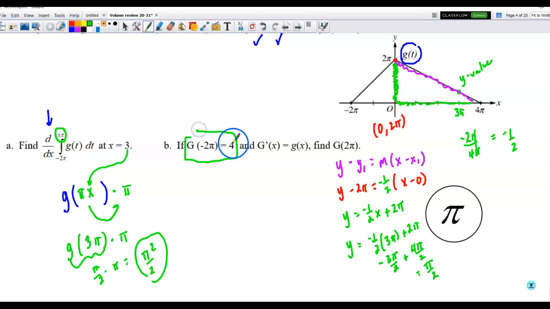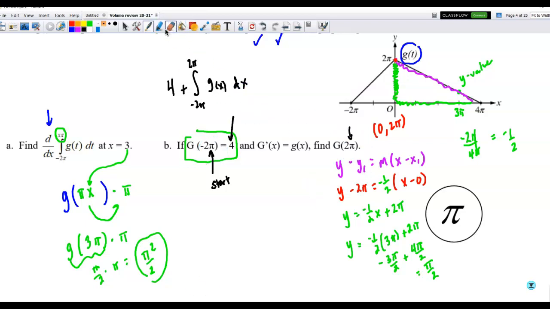So I am beginning with 4 units of area already calculated. We've seen these before. So I have 4 units of area. I'm going to add to that, starting, remember this is my starting bound, negative 2 pi. I want to go to my stop of 2 pi. And I'm going to accumulate the area under g of x dx.